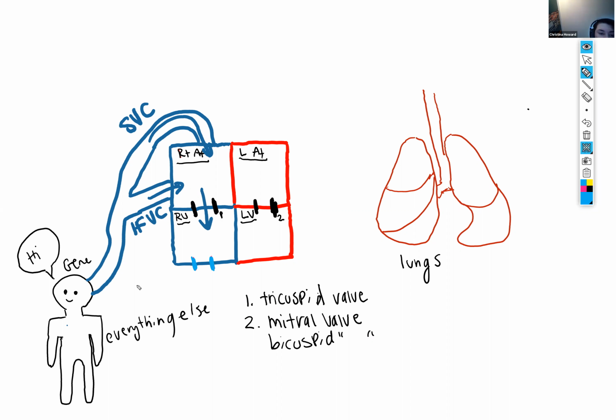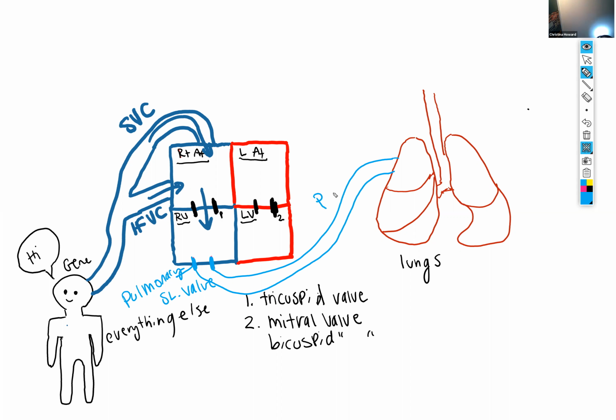So this is the pulmonary semilunar valve. So from the pulmonary semilunar valve, we enter the pulmonary trunk and then the pulmonary arteries. I am not drawing both of them, but there are 2, 1 on each side.